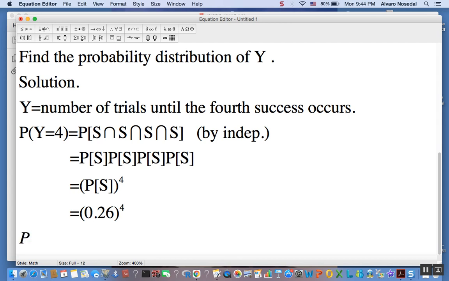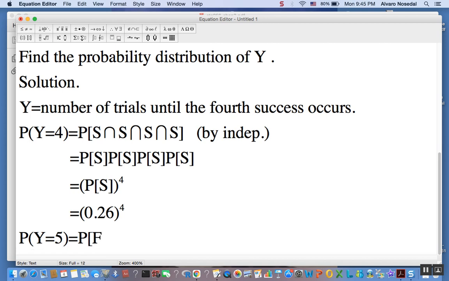Well, let's find the next probability. Probability that y equals 5. Okay, so if we needed 5 trials to get our fourth success, that means that something like this occurred.